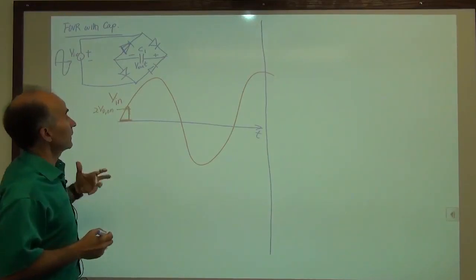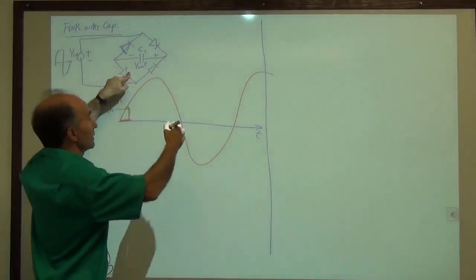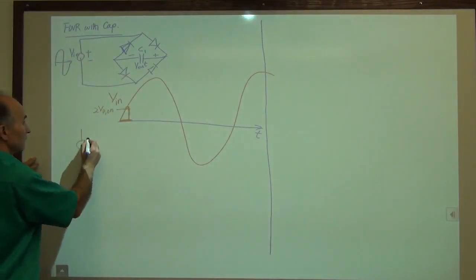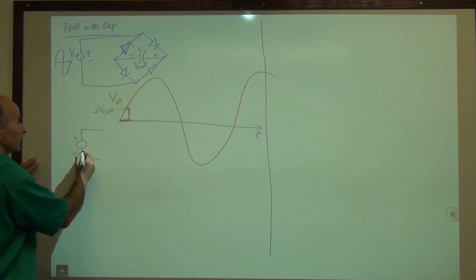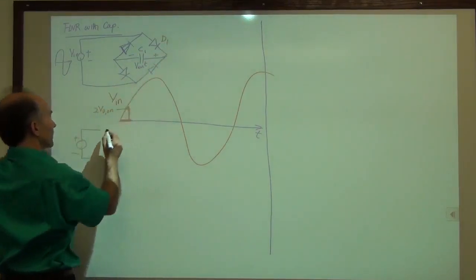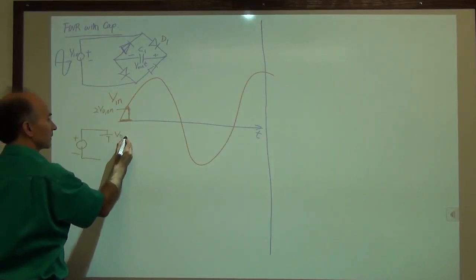Okay, once they turn on, what role do they play? They become voltage sources. So I can draw the circuit like this. Here's the input voltage source. This diode D1 turns into a battery, VD on.